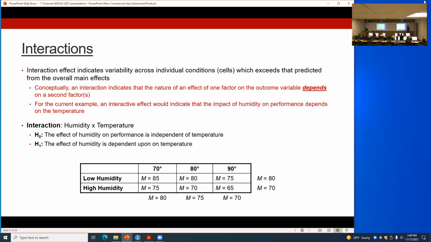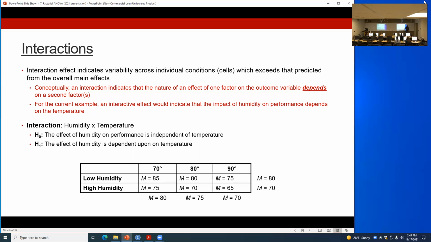Okay, so let's look across, if we just look at low humidity, what's happening to performance as temperature increases? It goes down. We have about 5 units down. If we look at high humidity, what's performance doing as temperature increases? Going down by about 5. Across high and low humidity at 70 degrees, what's the difference in performance? 10. What about here? 10.